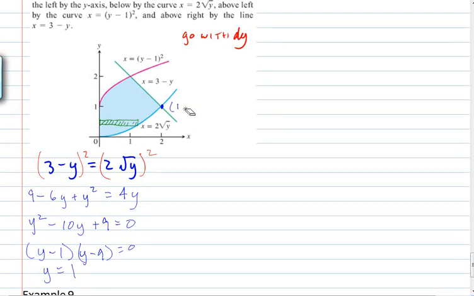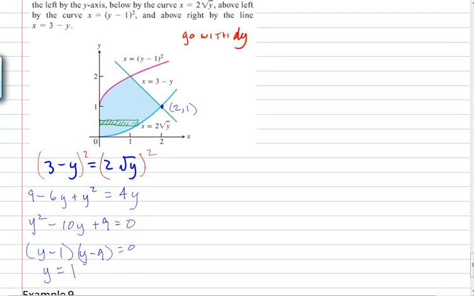Oops, y is 1. x is 2. This is the point (2, 1). Now, you could probably tell that just by looking at the graph, but I wanted to make sure you understood the process of how to find points of intersection if they're not clearly denoted, because sometimes there may be square roots in these answers, and you've got to give exact answers.